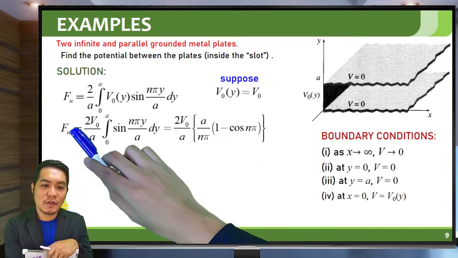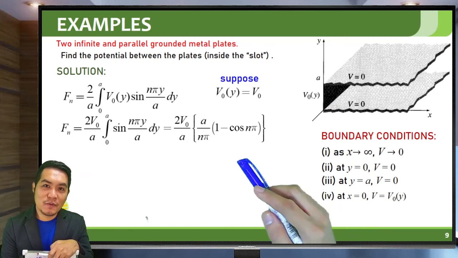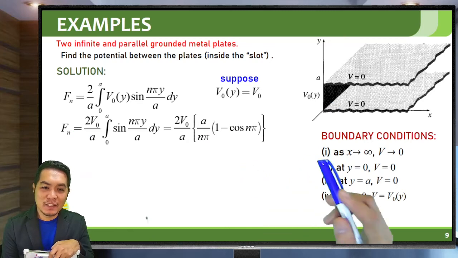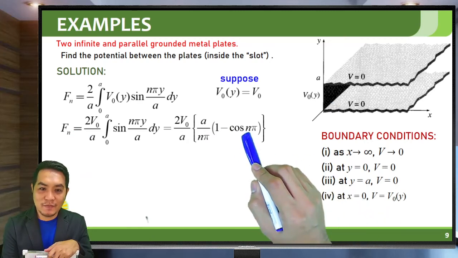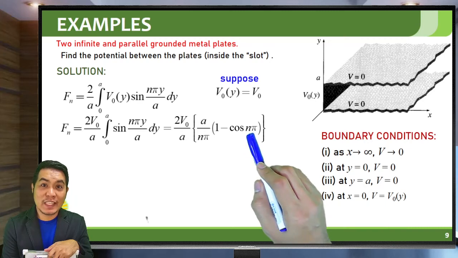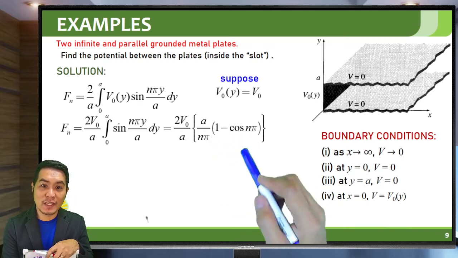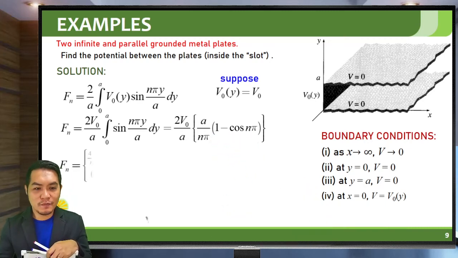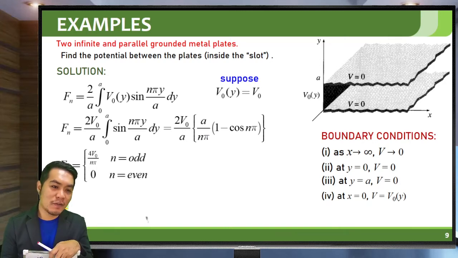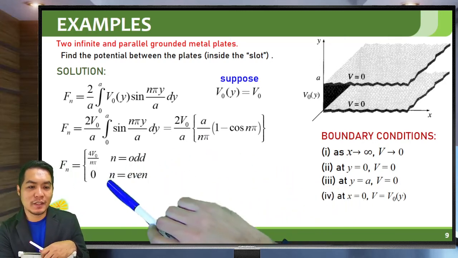So fn is 0 for n even. And when n is odd, cosine of n pi is negative 1, so 1 minus negative 1 is positive 2. Then we can now generalize the values for fn here.